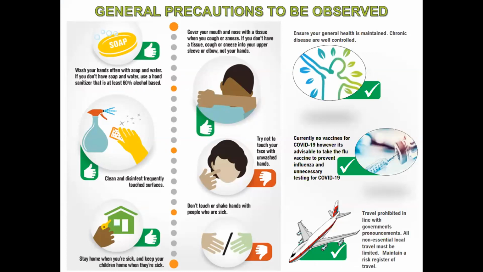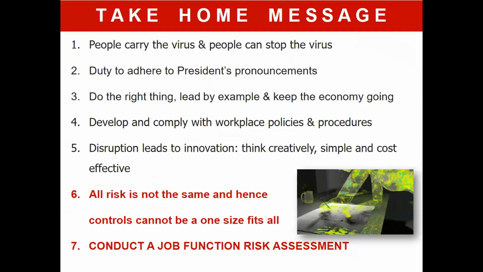Those with chronic diseases should control their chronic diseases. And we know that currently there are no vaccines for COVID-19. However, it is advisable to take a flu vaccine to prevent influenza and unnecessary testing of COVID-19. And then for those who are traveling, make sure that you do maintain a risk register and that it is being updated within the work environment.